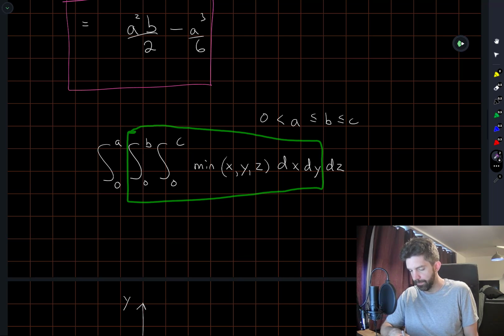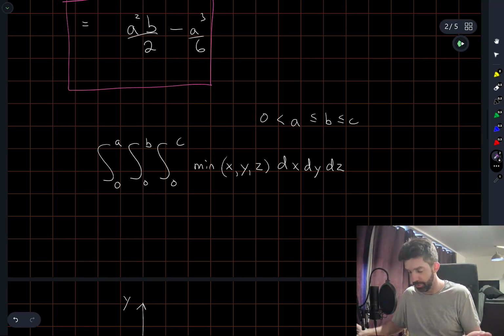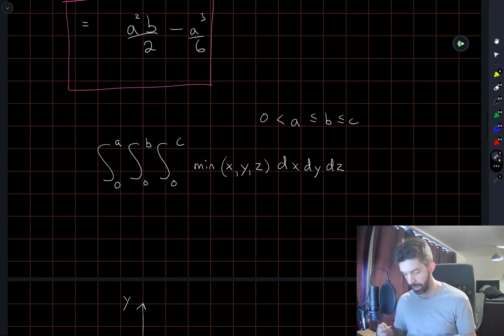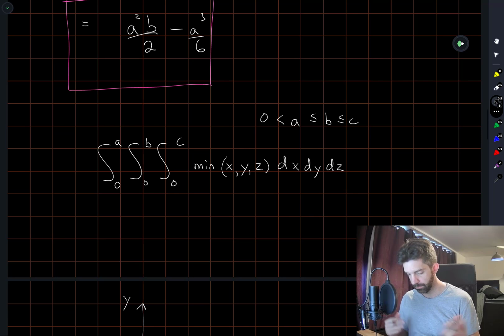I know that a is the smallest of these parameters, so z is always between 0 and a, so I never have to worry about z being greater than a, or therefore greater than b or greater than c. I'm going to evaluate that integral, see the way it depends on z, and then just integrate this thing as a function of z.